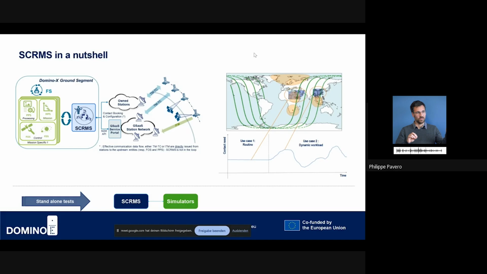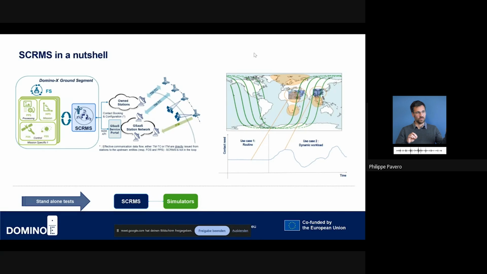But here you have a much higher complexity, because we have several stations, multiple constellations, multiple satellites, and you want to adapt the contact plan for all these elements.